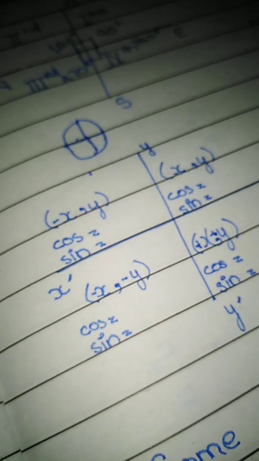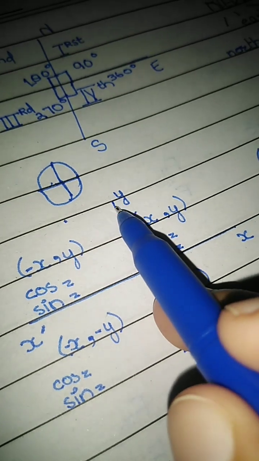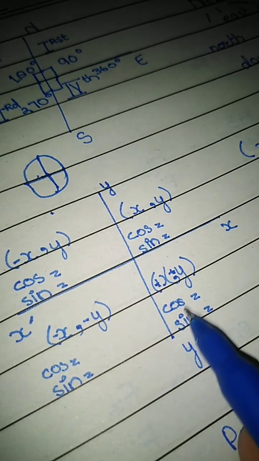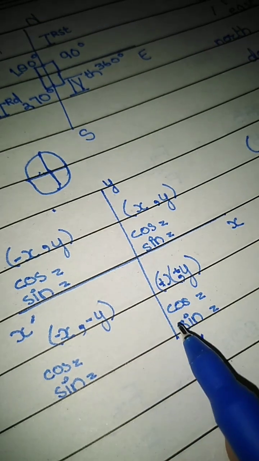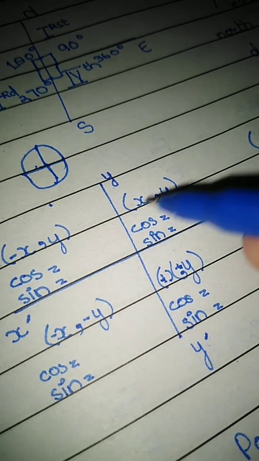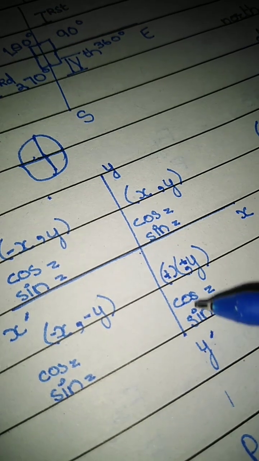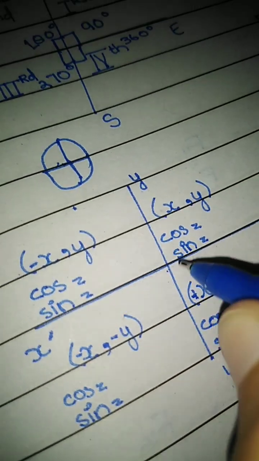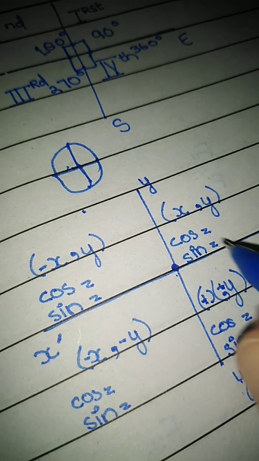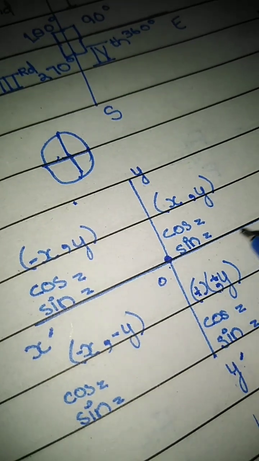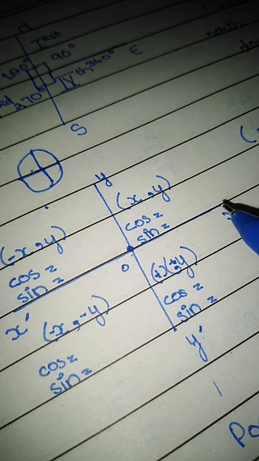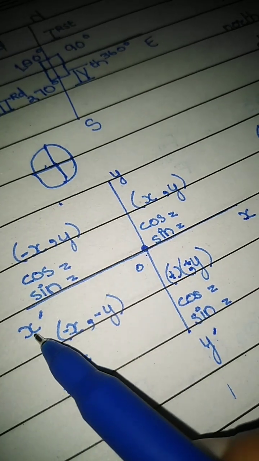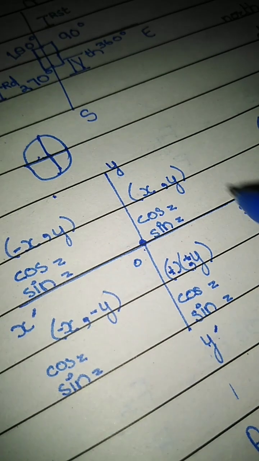Now let's talk about the signs. Y-axis and X-axis. On the Y-axis, this is the positive terminal and this is the negative terminal because it is downwards of the positive terminal, and this is the origin, where the value becomes 0. On the X-axis, this is positive, and from right to left it becomes negative.